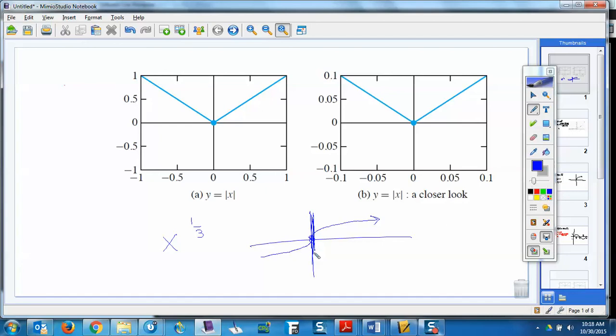And so anytime the tangent line on a curve is vertical, obviously that slope is undefined as well. Okay? So those are the two big times where the slope of a function is undefined: when it's a sharp point and when it's a vertical tangent line.